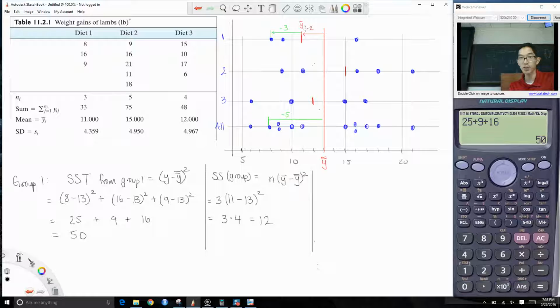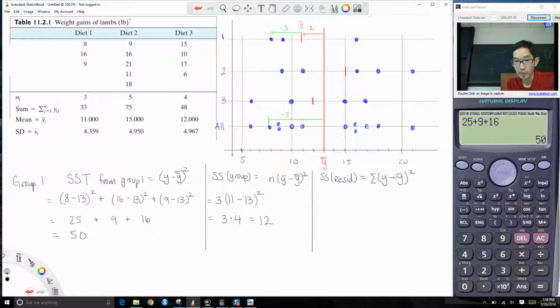Okay, so this would be all of the red arrows kind of squared, and then we look at the sum of squares residuals, which is each individual point's difference from its own group mean, added up.